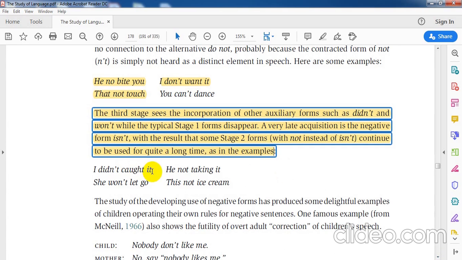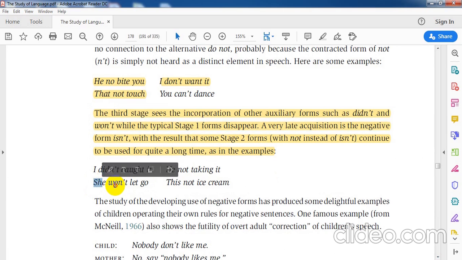"I didn't catch it." "He not taking it." You see here these examples are another witness to the development of the child. "I didn't quote it," you see, but the child still isn't able to recognize the correct place, which shouldn't be used after the verb to do.